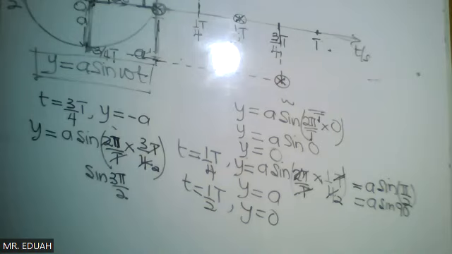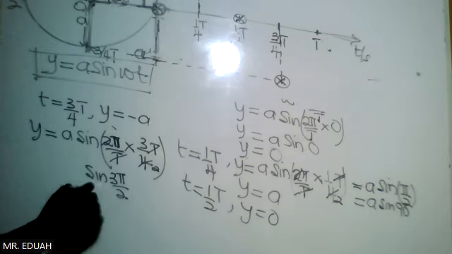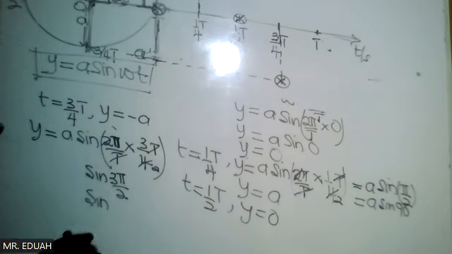Mr. Adrian, what is 3 pi on 2? This angle is in radian. What is its equivalence in degree? Since pi is equal to 180, then 3 times 180 will give you 540, and you divide it by 2.